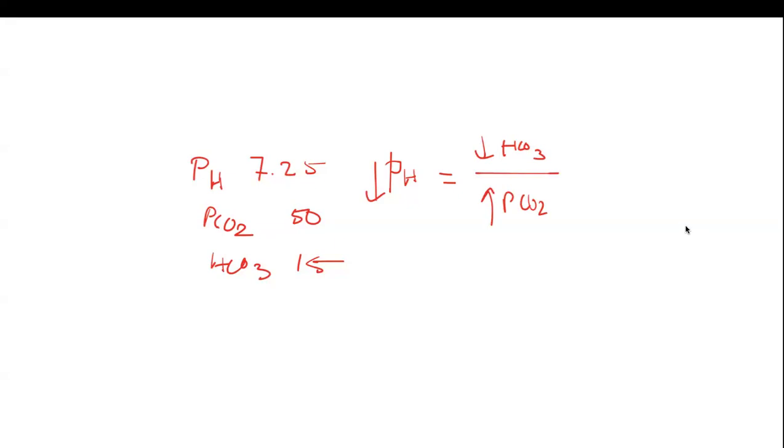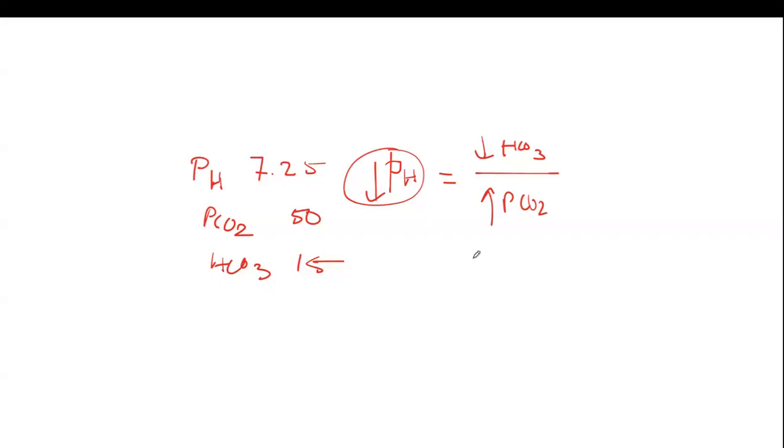Now, I just tricked you guys. This is not simple, because if you see here, the bicarbonate is low, it can cause low pH. PCO2 high, that can also cause low pH. So this is what's called mixed acidosis.